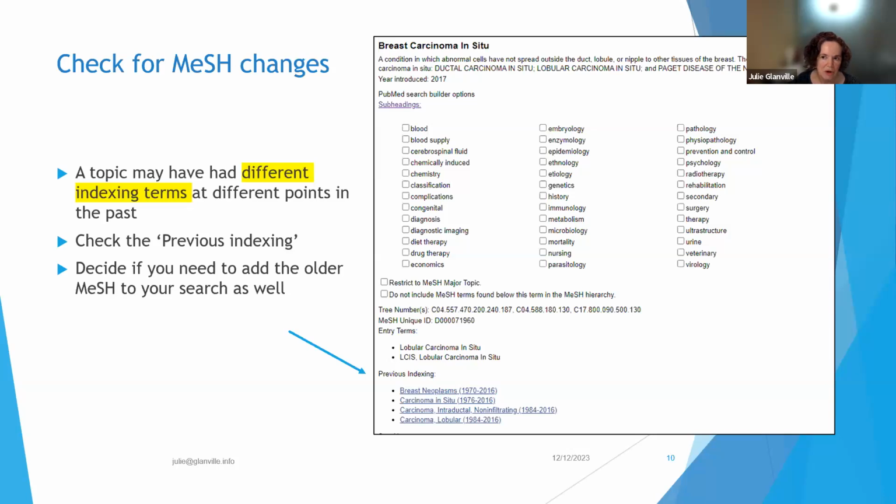If you're doing a systematic review, you can explain it in the methods section, or in your appendix where you're describing your search. You could say, I chose not to explode breast neoplasms, but to search for the following more specific terms individually, because exploding breast neoplasms introduced records that were not relevant. I think it's okay to explain that you have a rationale behind it.